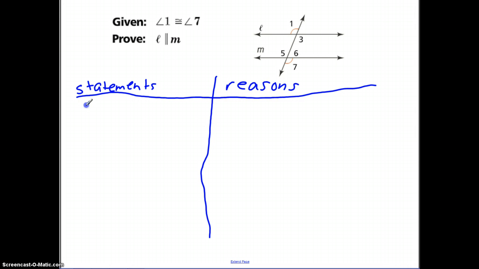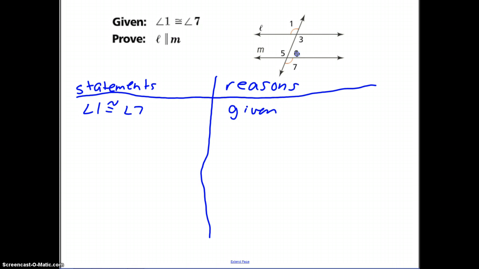So our statement that we can start with is that angle 1 is congruent to angle 7. And the reason we know this is that it is given to us. Now again, our goal is to somehow or another get angle 1 to match up to angle 5 or to get angle 7 to match up with angle 3.